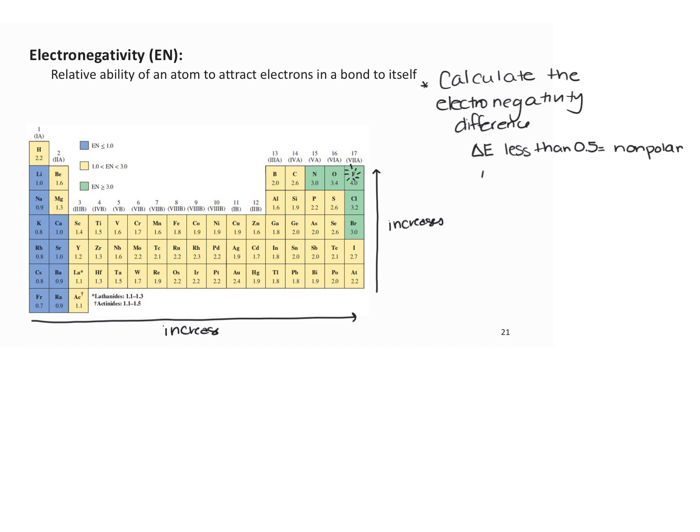Okay. If the delta E is between 0.5 and 2, that is a polar covalent bond.